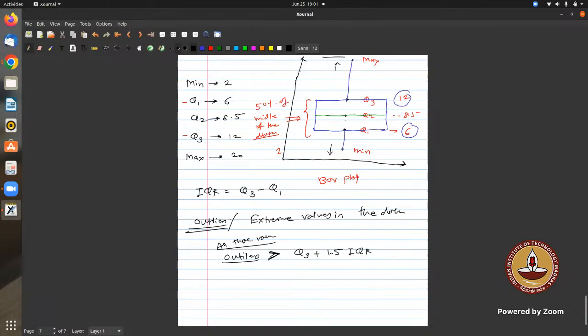And outliers are all those values which are less than Q1 minus 1.5 times IQR. So this will give me all the extreme values on the lower side of the data set, and this formula will give me all the outlier values on the higher side of the data set. So let's find it out for our data set.